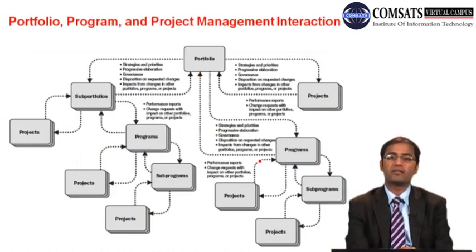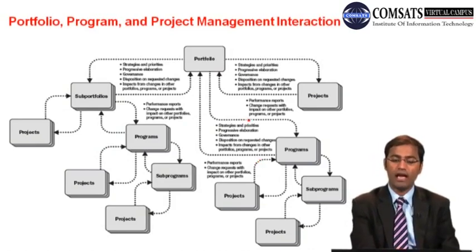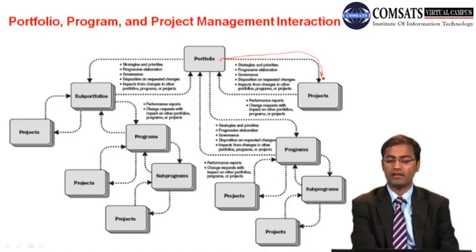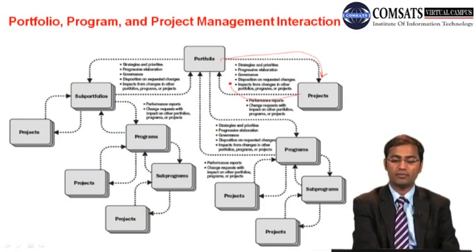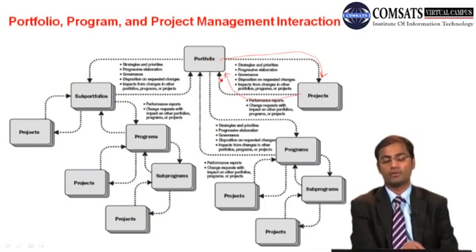And this is an elaboration of the concept we had. So we have a portfolio, and there you can see there is a path to projects. So there is a relationship. This portfolio is feeding information to projects, and these projects are updating the portfolios.